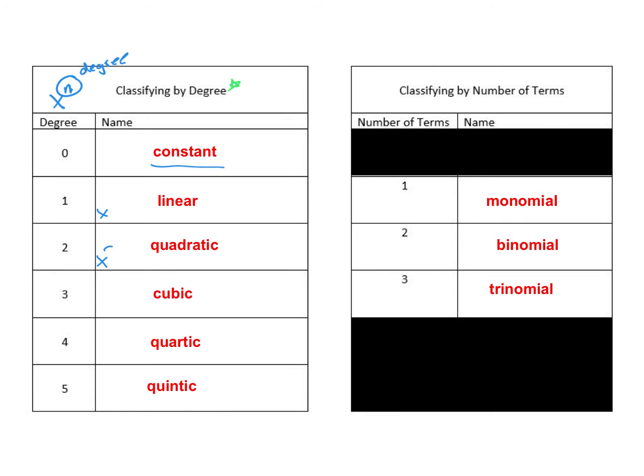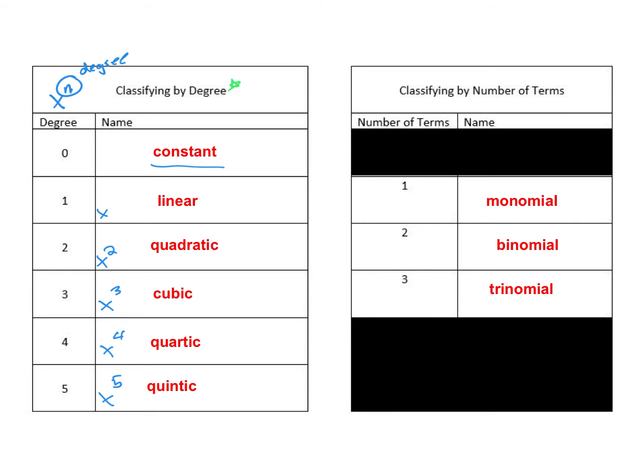Something that's x to the second power is quadratic. The third power is cubic, the fourth is quartic, and the fifth is quintic. Most of these stop after 4, so we definitely want to make sure we know constant, linear, quadratic, cubic, quartic. We've been working with linear quite a bit, but we'll start seeing some quadratics, cubics, things like that.